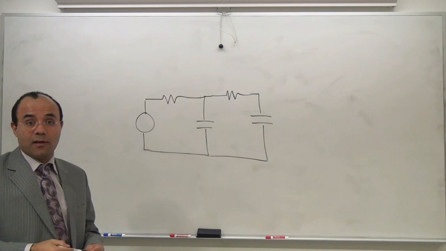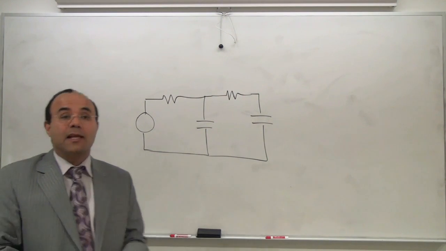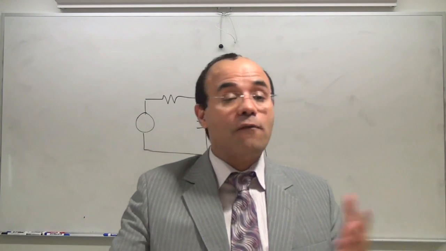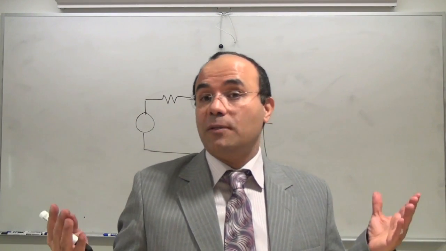Then this is no longer a first degree system. It's going to be a second degree system. So if you have 10 capacitors that in no way you can combine, then it's going to be a 10th degree system.